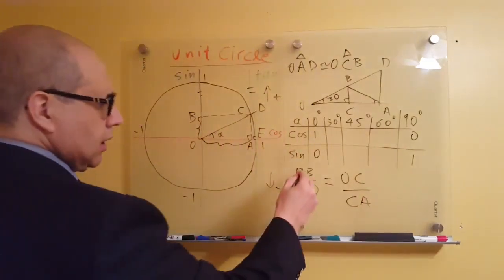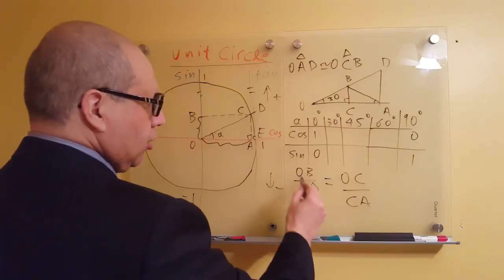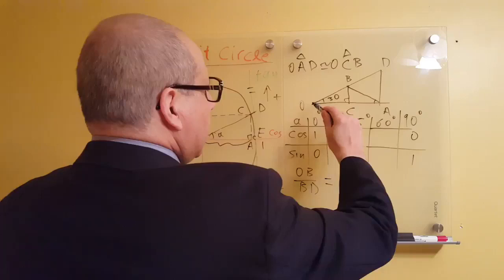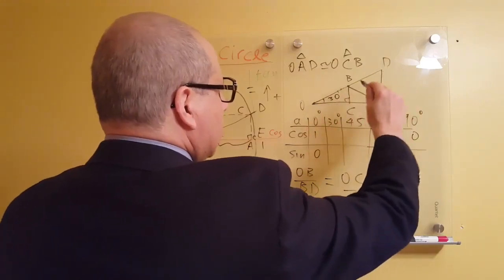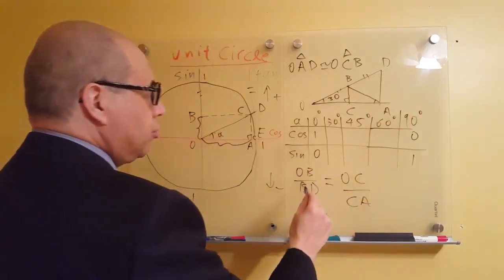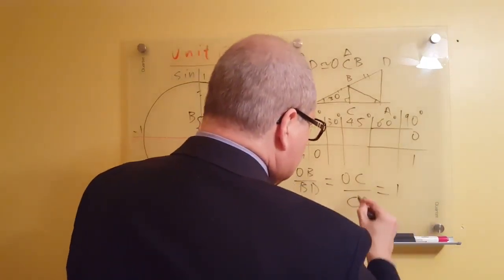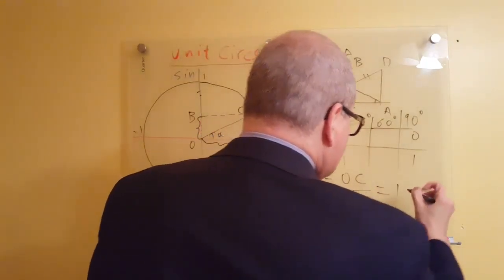And since this ratio is equal to 1, because we said that B is the middle of OD, OB is equal to BD, so OB over BD is equal to 1. That means that OC is equal to CA.